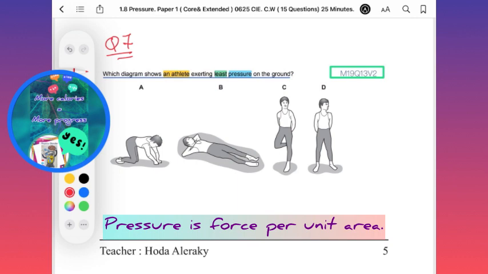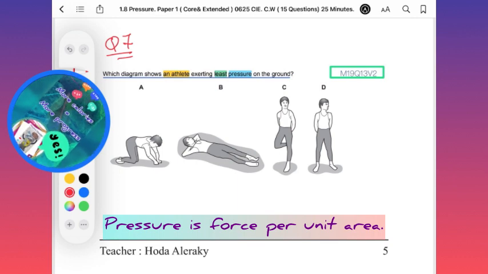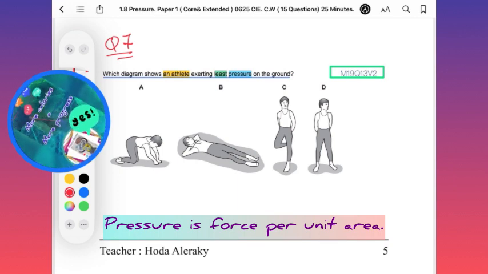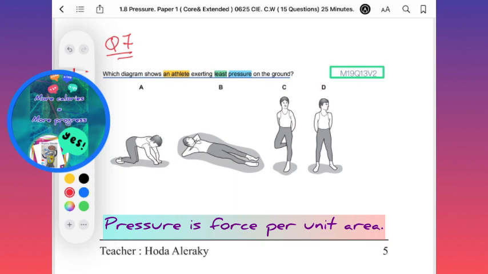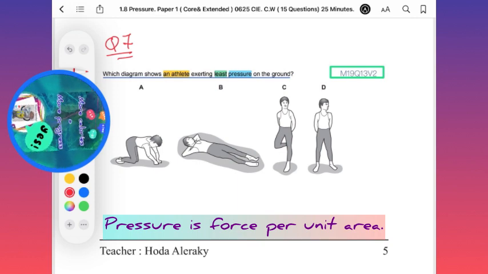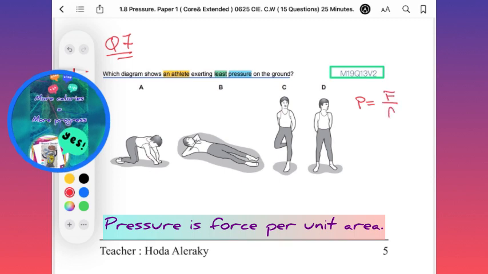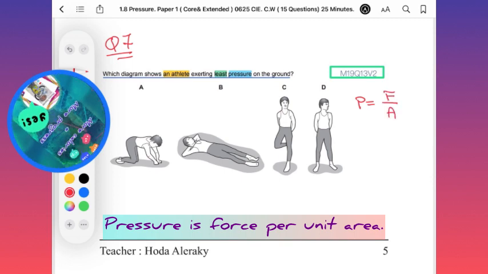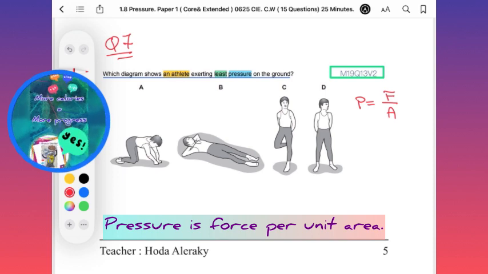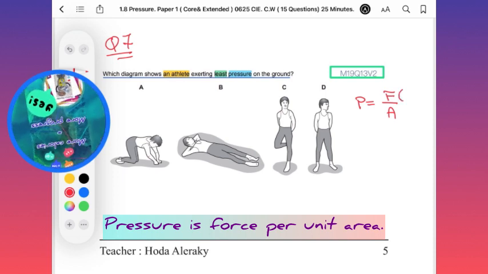Question 7, here we have an athlete exerting least pressure on the ground, which diagram showing the position when the athlete exerting least pressure on the ground. Okay, back to our equation. Pressure is equal to force divided by area. The applied force here is the weight of the athlete, which is constant.